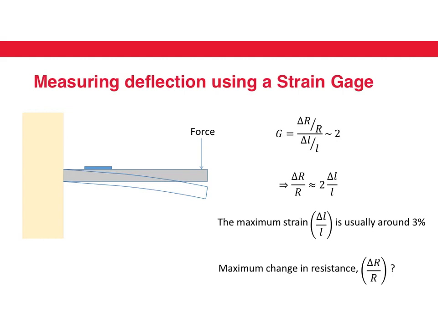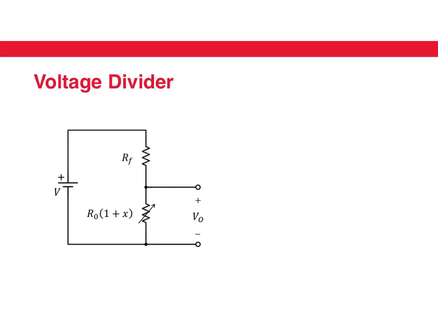And if the maximum strain that a strain gauge can take is approximately 3%, what is the maximum change in resistance that you can expect? Of course, you can see that if you put that through this equation, you get the maximum delta R by R to be around 6%. So let's take the strain gauge now and put it in a voltage divider and see what happens.